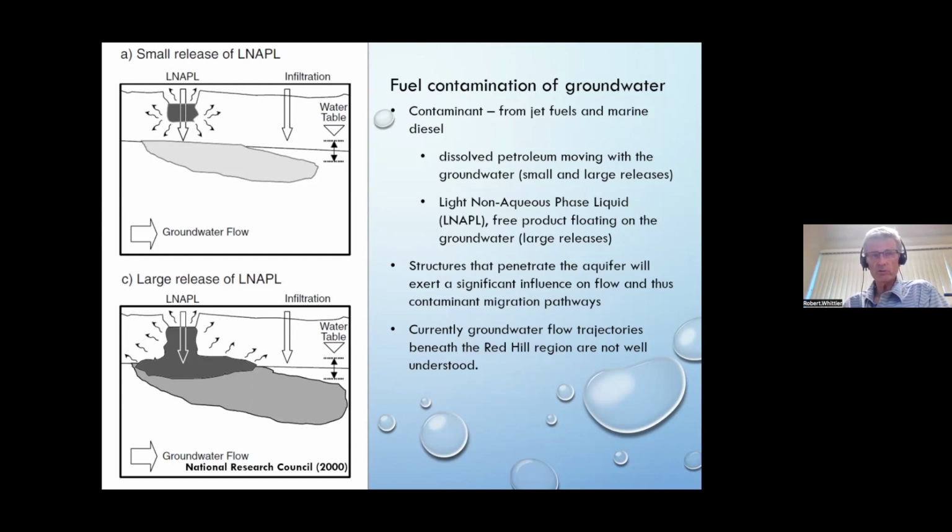In a large release, which is definitely a potential at the Red Hill facility, we can get both the dissolved phase and the LNAPL phase down to the water table, at which point the plume will spread, and structures present at Red Hill exert a significant control on the degree and direction of spreading. Currently, how these structures influence groundwater flow and the resulting groundwater flow trajectories beneath Red Hill and in the region are not well understood.